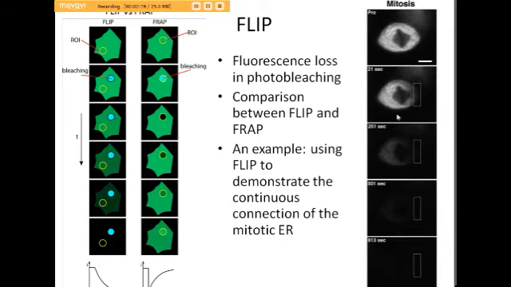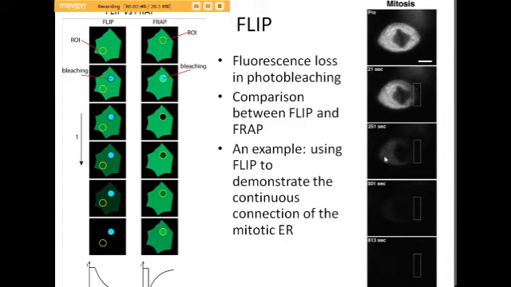So here is an example. This is the same example to answer the question whether mitotic ER is continuous or not. We can use FLIP to demonstrate that mitotic ER is continuous. This is the mitotic ER, the lamin B receptor GFP, and this is the ROI for us to continuously photobleach. We continuously photobleach this region.